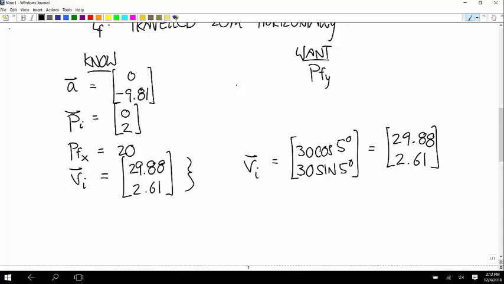And then we don't know anything about the final velocity. There's no equation that'll let us solve for PFY right away.